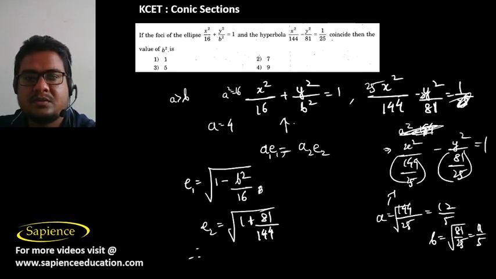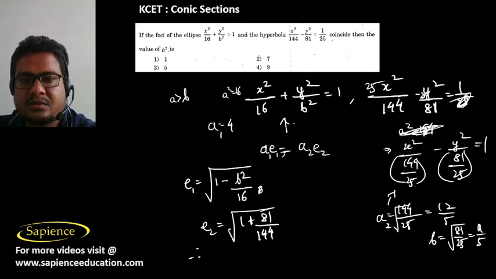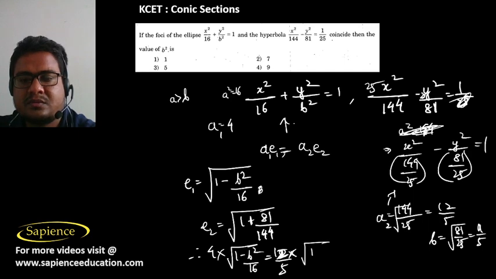So now A1 is 4 and A2 is 12 by 5. So 4 into square root of 1 minus b square by 16, that is equal to 12 by 5 into E2. E2 is square root of 1 plus 81 by 144.